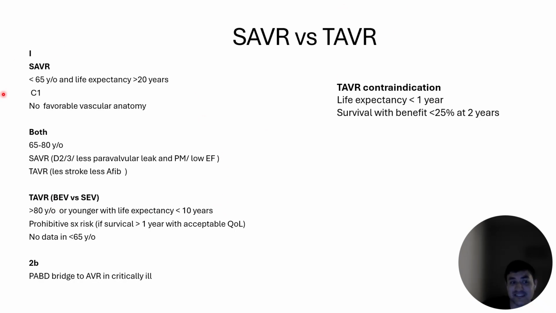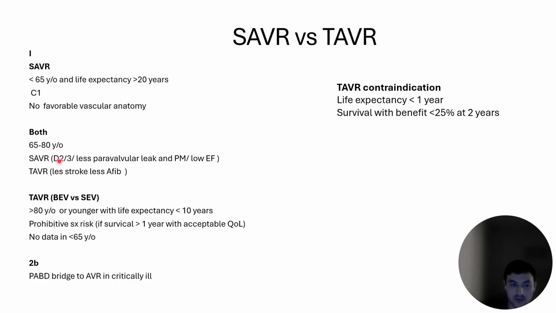If the patient is less than 65 years old and life expectancy is more than 20, use surgery. If the patient is C1, meaning asymptomatic with normal ejection fraction, usually use surgery. And if the patient doesn't have favorable vascular anatomy, meaning severe PAD, use TAVR in those patients. You can use surgery or TAVR when the patient is 65 to 80.